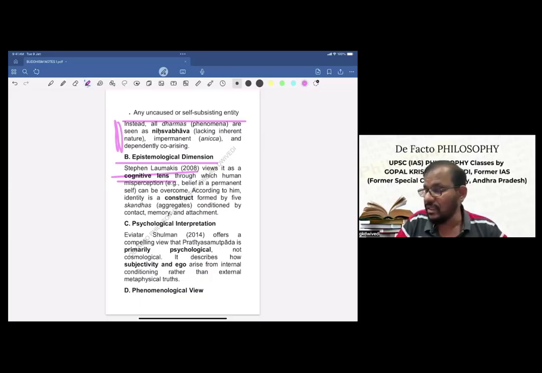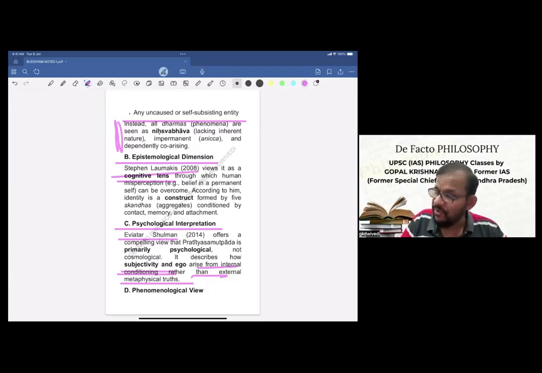Now, what is the psychological interpretation? Another psychologist, of the 20th and 21st century, Aviator Schulman, offers a compelling view that Pratyut Samutpad is primarily psychological, not cosmological. It describes how subjectivity and ego arise from internal conditioning rather than external metaphysical truths. So this is the psychological interpretation.